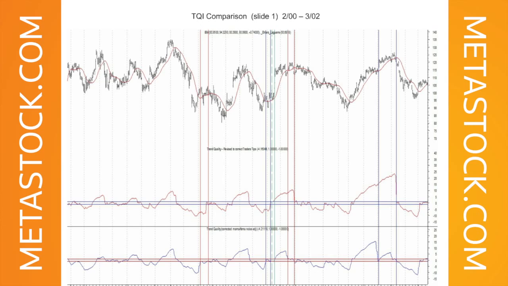Between those first two lines before the dashed green line, you'll see once again that his formulation was still in deep negative territory, whereas the ACT version had already locked into a congestion phase. In that period, the market for those three to four weeks was in fact congested.